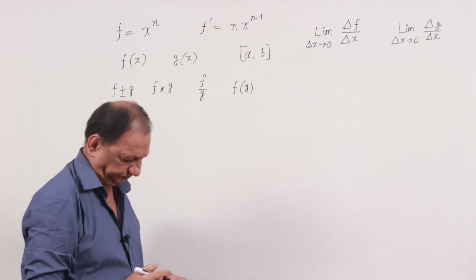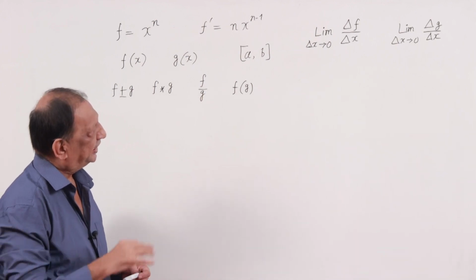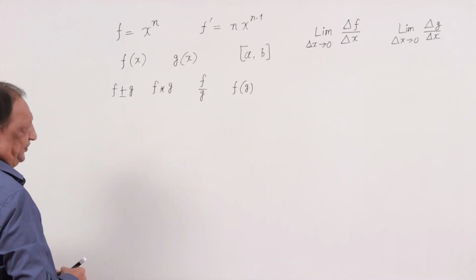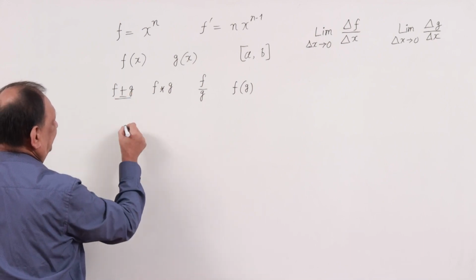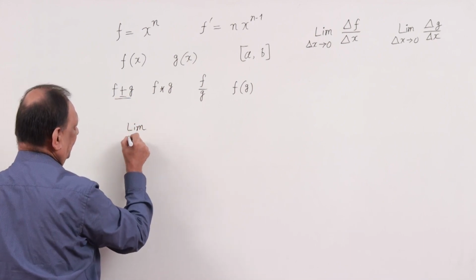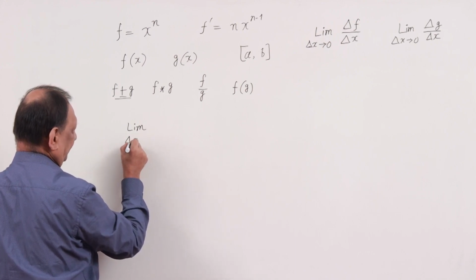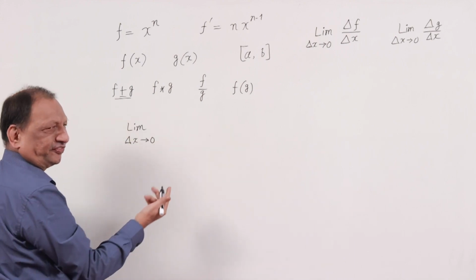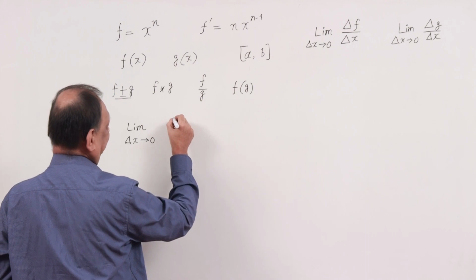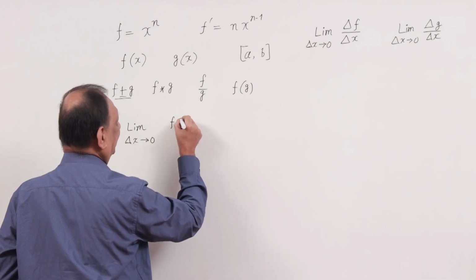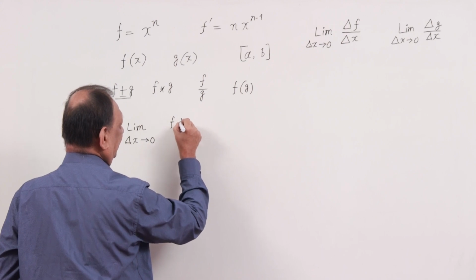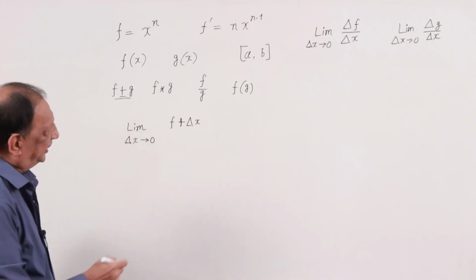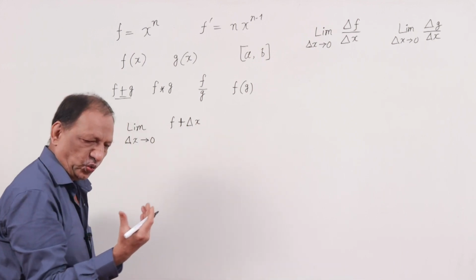Both are available. Now we need to find out whether we can apply the rule for these combinations. We can start with this f plus or minus g. How do you find this? This would be the limit, if it exists, of delta x going to 0 of delta of f plus g. How do you write that? F(x plus delta x), when you change x with an incremental value delta x, we get a new value for f.